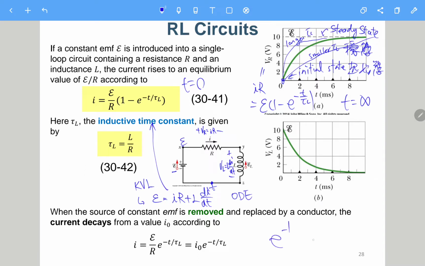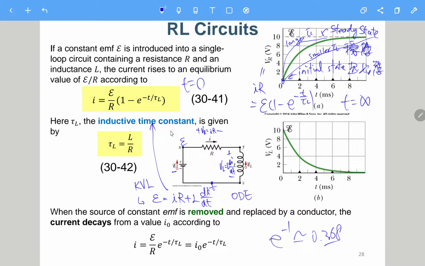And then you can plug it in here, so it becomes 1 minus 0.368, which is around 0.632, which is somewhere around here. So this tau L is called the time constant.